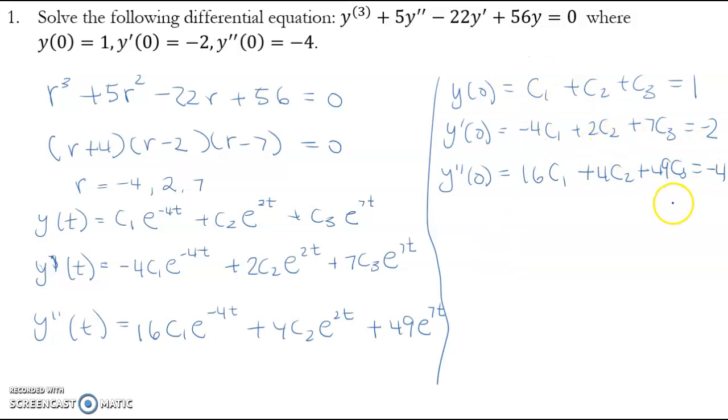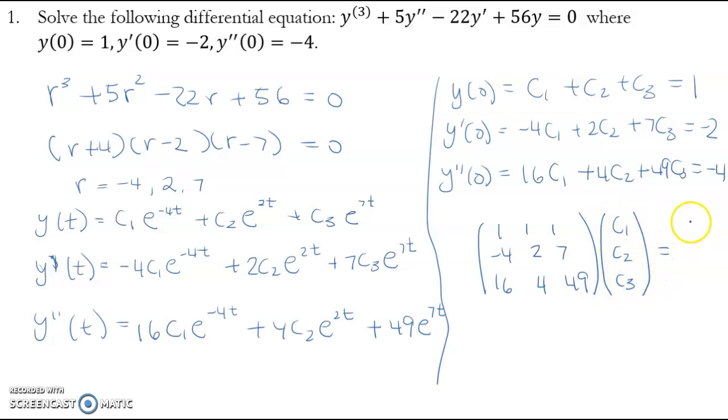Again, you can take any method of solving. You can maybe use elimination. Probably the easiest method is using the matrix. You can use the augmented matrix or just utilize the matrix function on your calculator. In other words, I could rewrite this as the matrix 1, 1, 1; -4, 2, 7; 16, 4, 49, times C1, C2, C3, and this should equal 1, -2, -4.